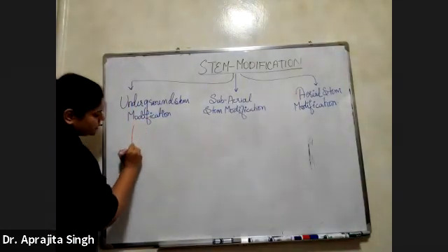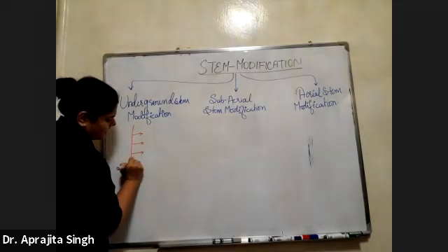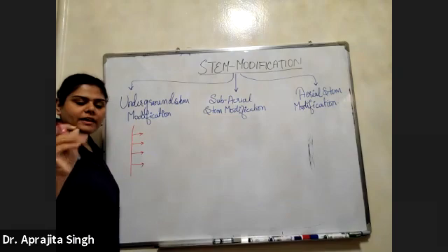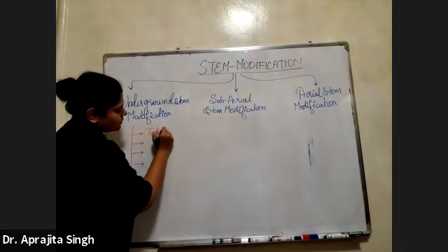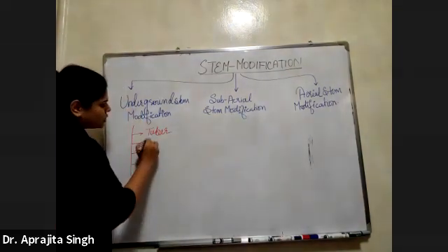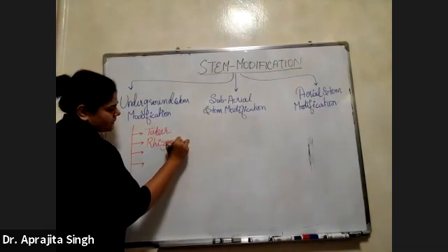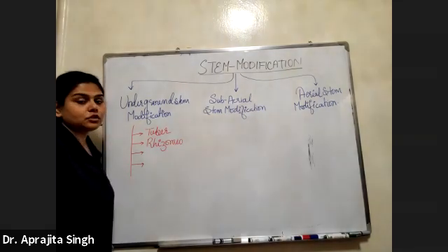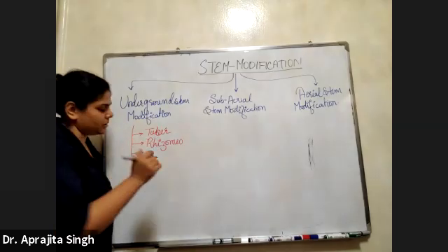In the underground, we will be studying 4 types. They are very easy. The first is tuber. Second is rhizome. Third is corm, with an M, not N. C-O-R-M.